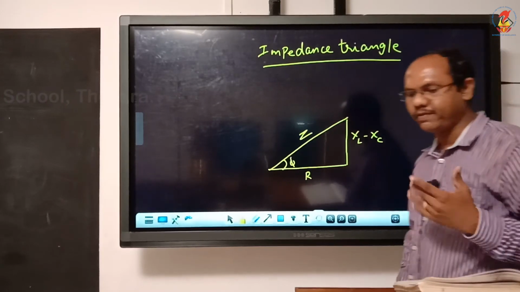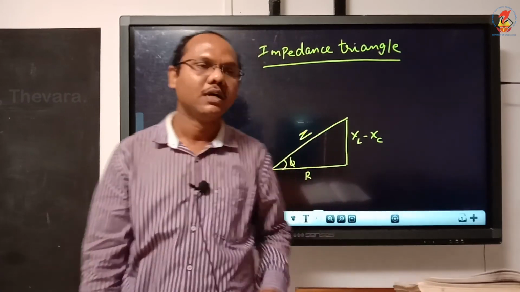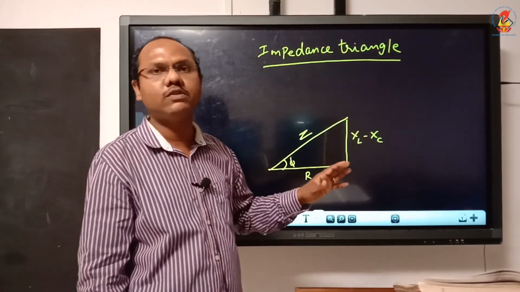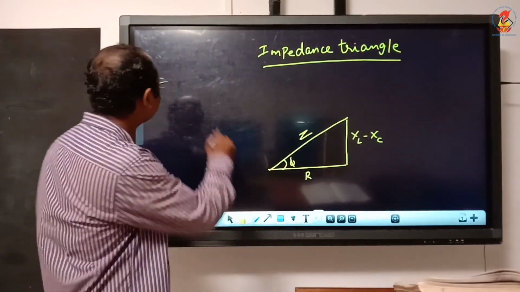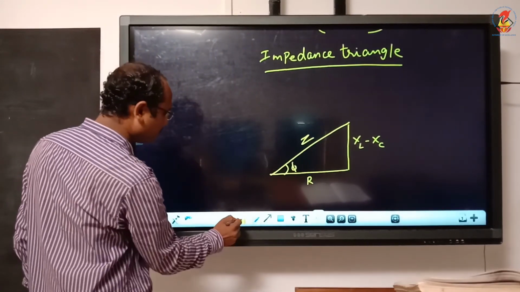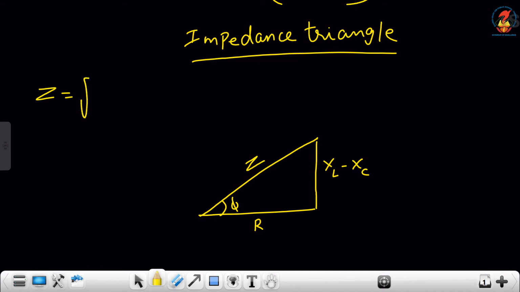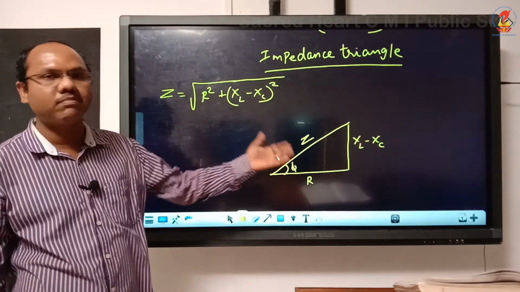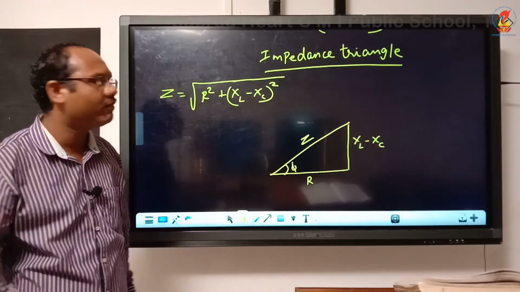It is used to find the impedance of the circuit. So using this triangle, how will I find the impedance of the circuit? Just use the Pythagoras theorem: the hypotenuse is equal to the root of base squared plus altitude squared. Now from this triangle, how will you find tan phi?